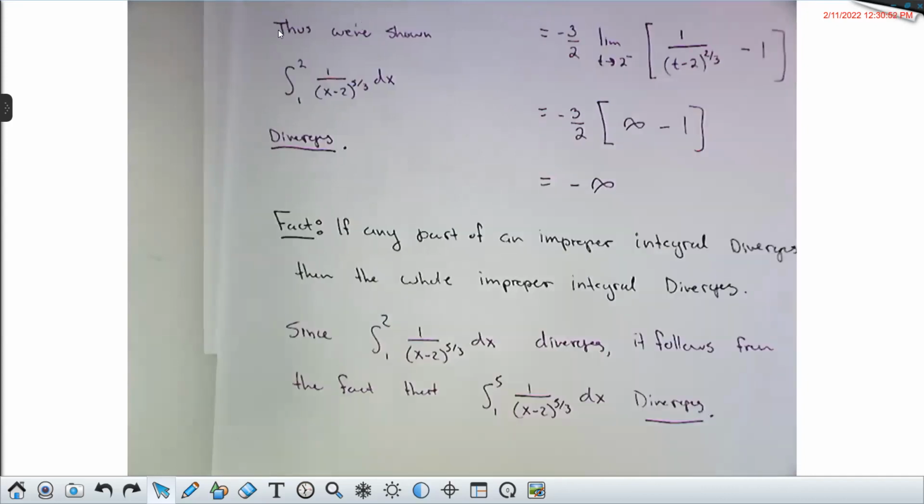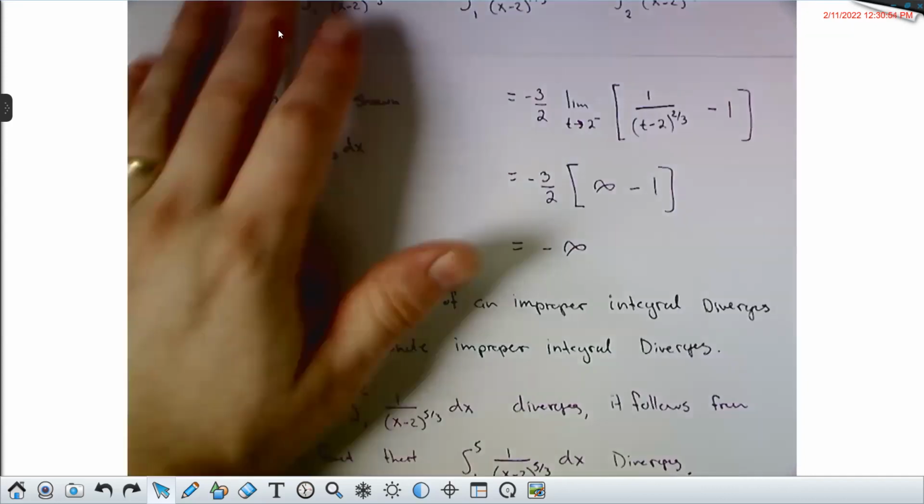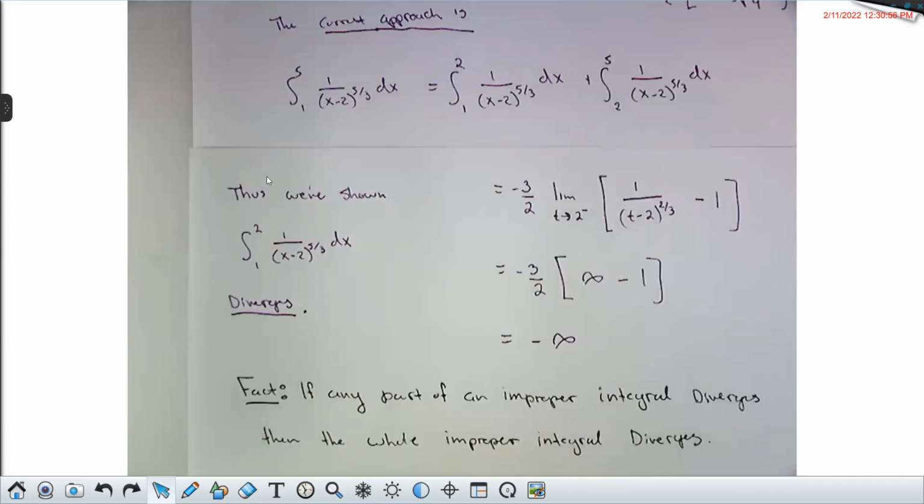So let's think about what we did here in totality. The original integral, the integral from 1 to 5, we had to split that up because the problem for this function is at 2, and 2 is between 1 and 5. So I split this up as the integral from 1 to 2 plus the integral from 2 to 5. I haven't done anything with this piece yet, but I calculated this piece.